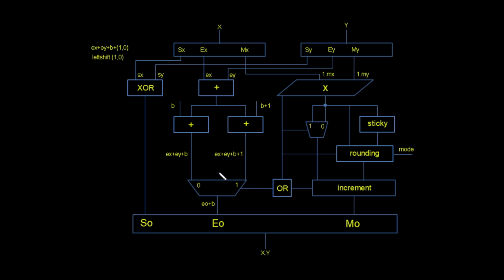So it means that when we come down here, we're going to have a choice of two exponent values: EX plus EY plus a bias, and EX plus EY plus a bias plus 1. Now, when we get down here, we make a choice between these two, and this will give us the final exponent output. And this comes from this OR gate here.